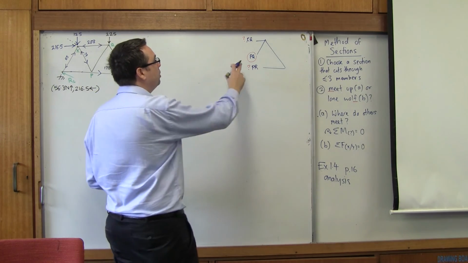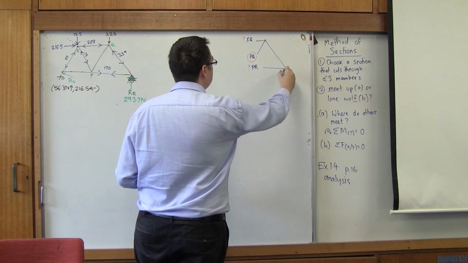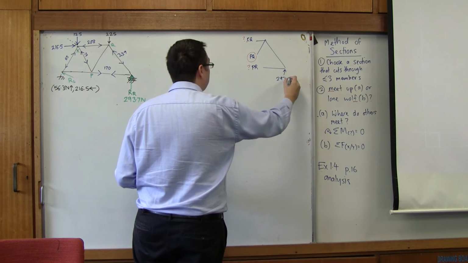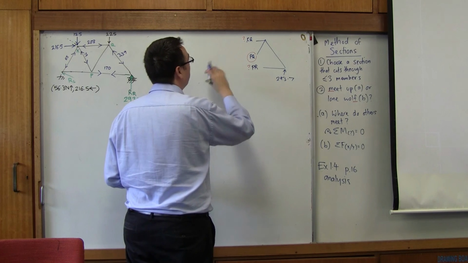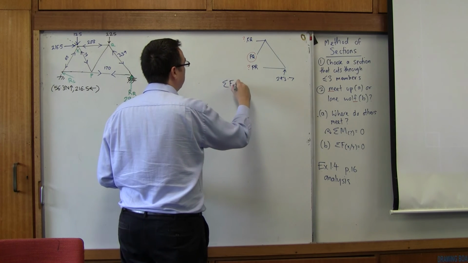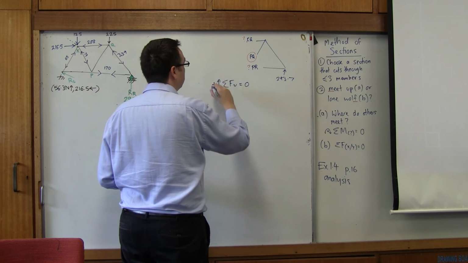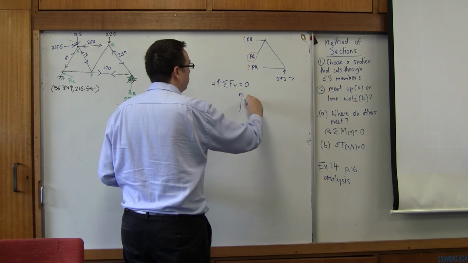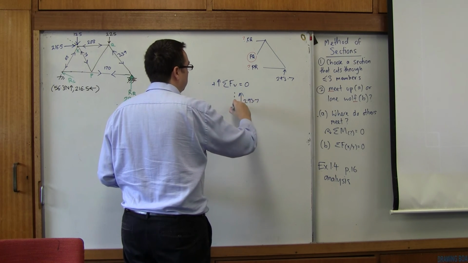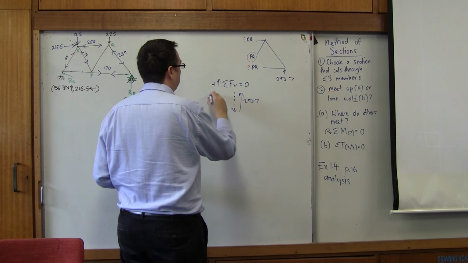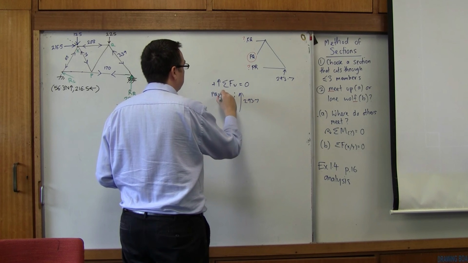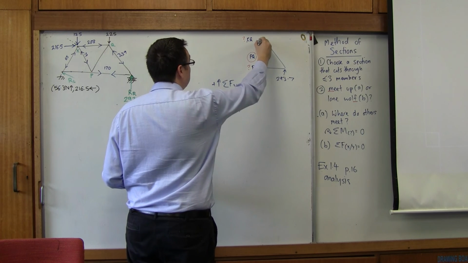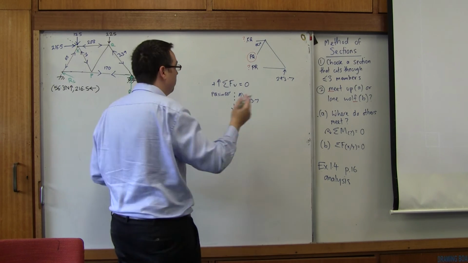So what does QR do that the others don't? QR is not like the other members. QR is the only one who likes going vertically. So we know that the sum of our forces vertically equals 0. Now I could use the maths, but I said already that I don't like doing that. So what I'm going to do is say 293.7, and Copeland would just write PQ sine 60. It's only sine 60 because we know this to be 60 degrees, otherwise we wouldn't get away with it.